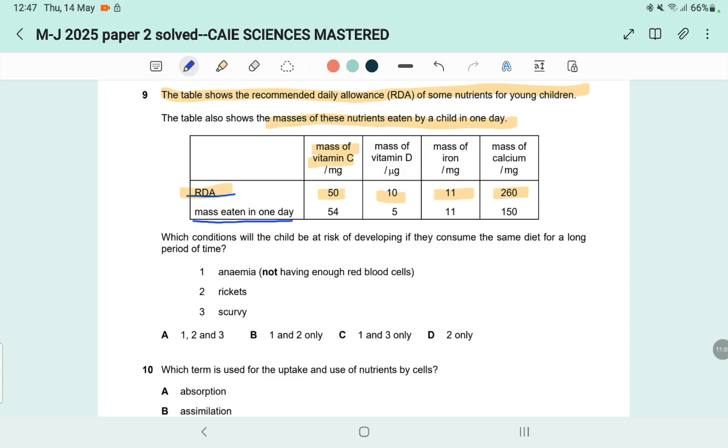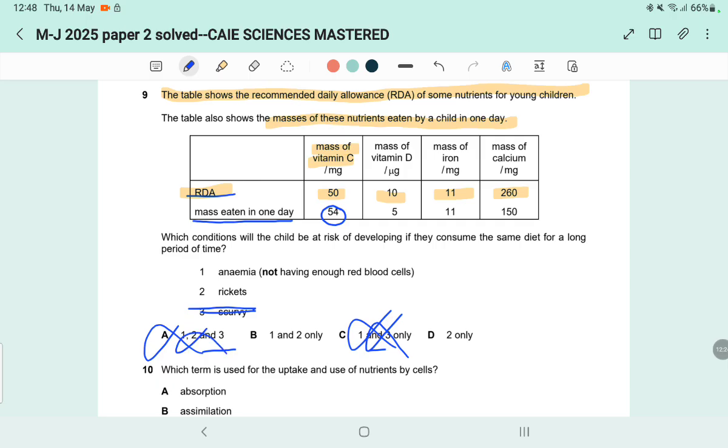Mass eaten in one day, mass of vitamin C, 54. I am predicting that he has a higher intake of vitamin C, so scurvy will not be an option, because the vitamin C is higher than the requirement. So by eliminating the wrong answers, I can cancel that and I cancel that.